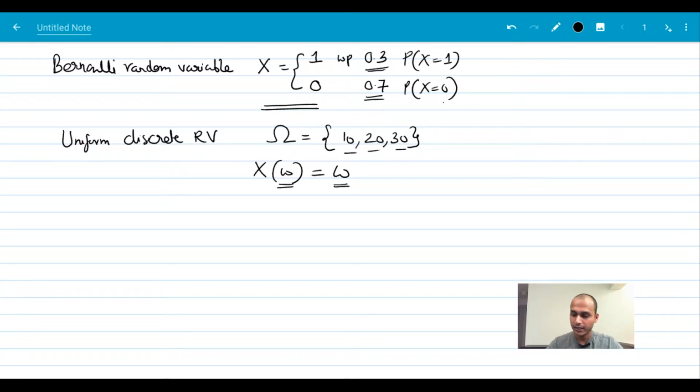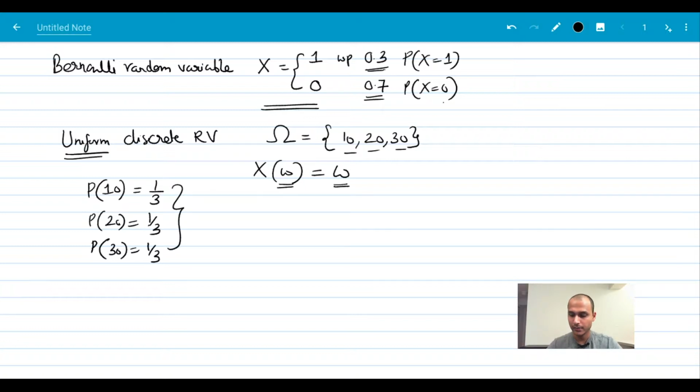Let's say that the probability of a particular outcome, for example 10, is equal to 1/3. And the same with probability of 20 equal to 1/3, and probability of 30 equal to 1/3. This is called the uniform belief, which means there are three outcomes and I make all three of them equally likely.